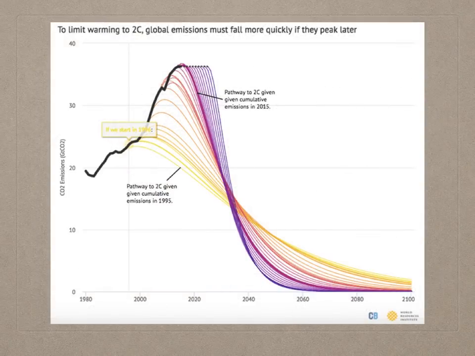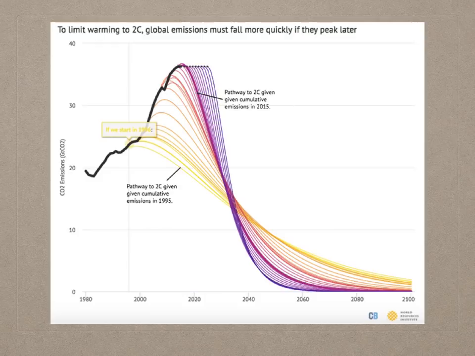Finally, let me end with what would be required to avoid the worst consequences of that warming. And this curve is CO2 emissions over time from 1980 through into the future. The black curve is the observed CO2 emissions curve from 1980 to present.